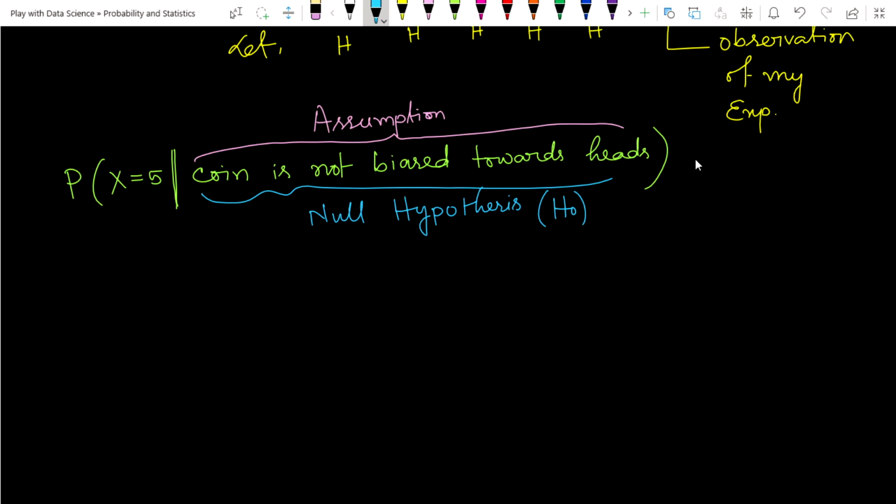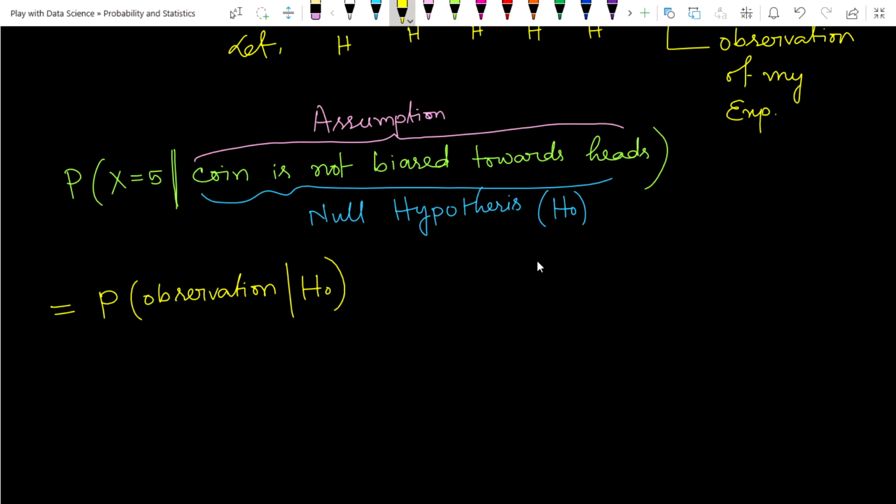In short, you can write this: the probability of our observations with the assumption of the null hypothesis. The probability of the observations when we assume the null hypothesis, this probability is called the p-value.